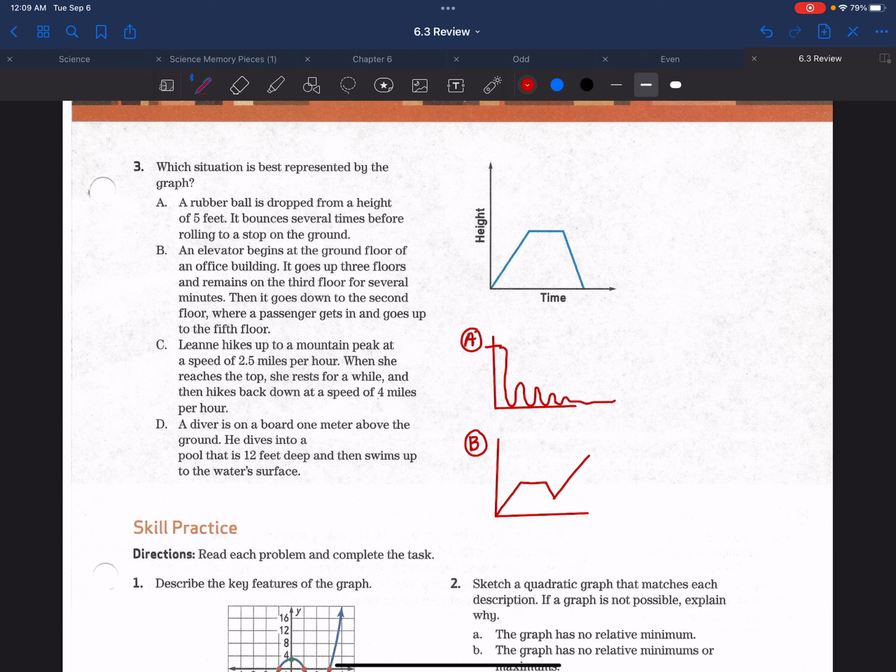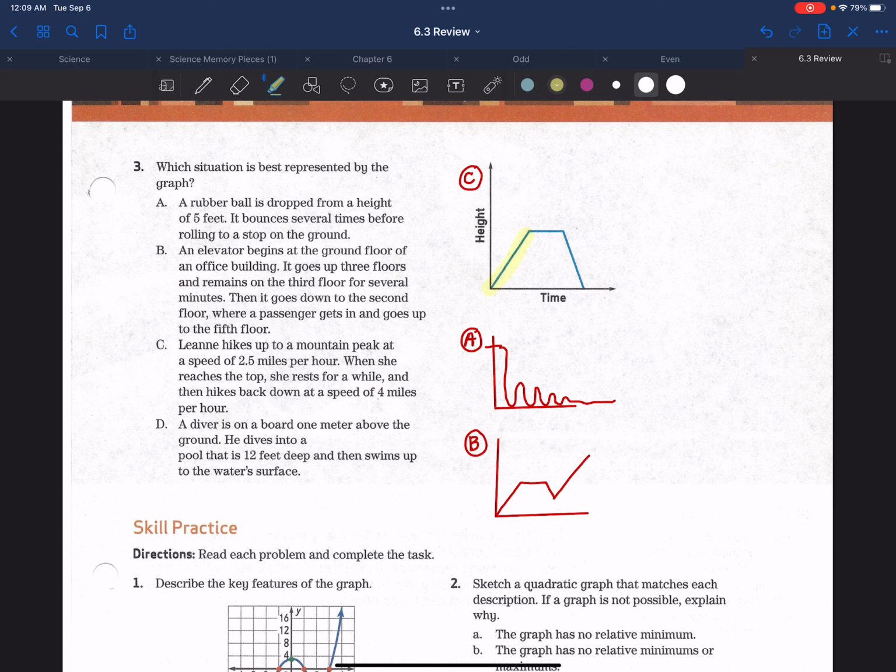Leanne hikes up to a mountain peak at a speed of 2.5 miles an hour. When she reaches the top, she rests for a while and then hikes back down at a speed of 4 miles per hour. That's the one I want. And here's one way to know.